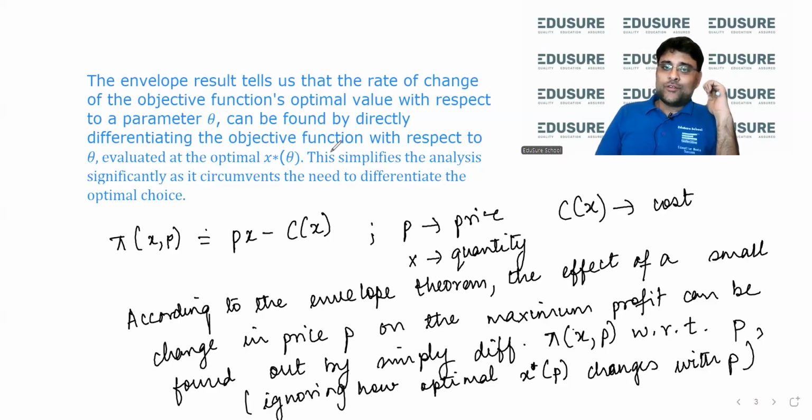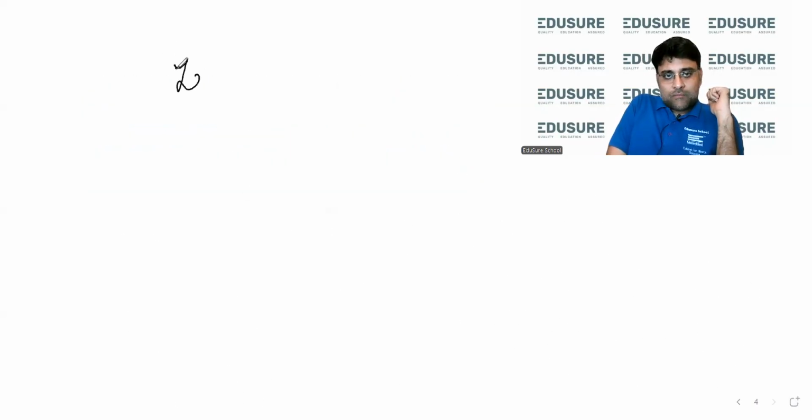Okay, so this is what the envelope theorem says in brief. Now, it's important for us not only to talk about the envelope theorem in this manner, but we'll also have a Lagrange multiplier method overview for the envelope theorem. So let's now go into the Lagrange multiplier method.